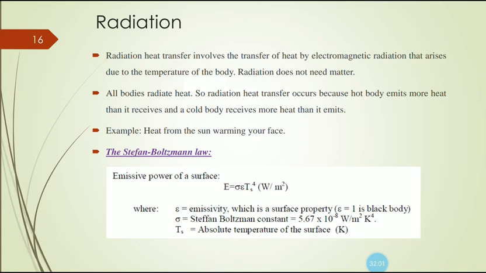Next, in case of convection, we have studied the equation as Newton's law of cooling. There we have got the convective heat transfer coefficient. Now this convective heat transfer coefficient depends on different factors. So what are these factors? These are thermodynamic and transport properties like viscosity, density, specific heat, etc. So what is this viscosity?